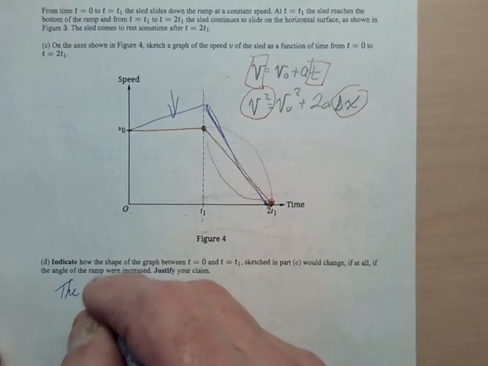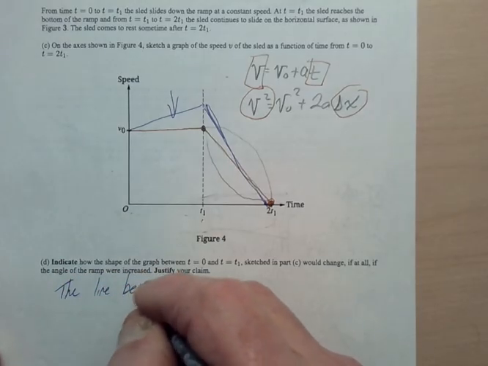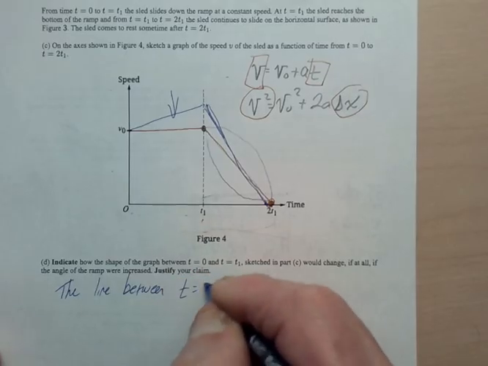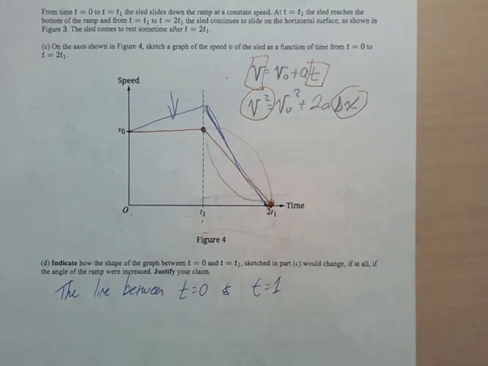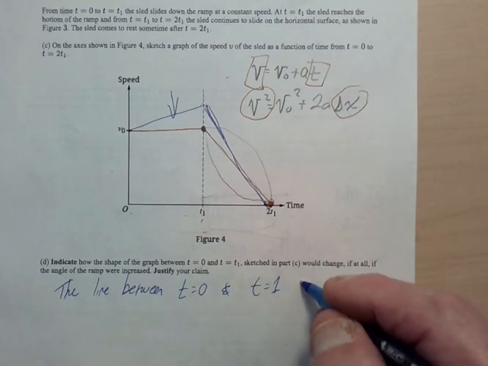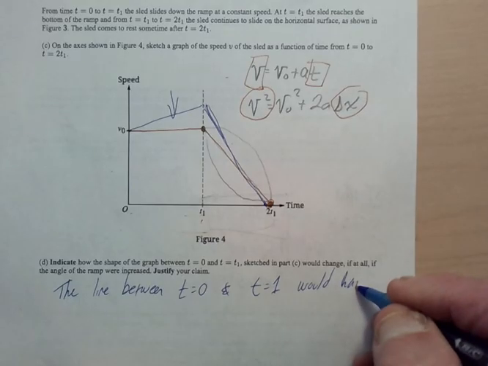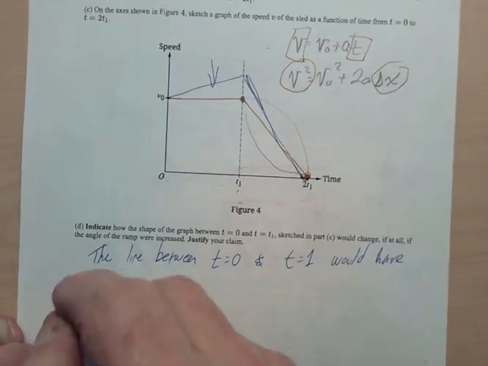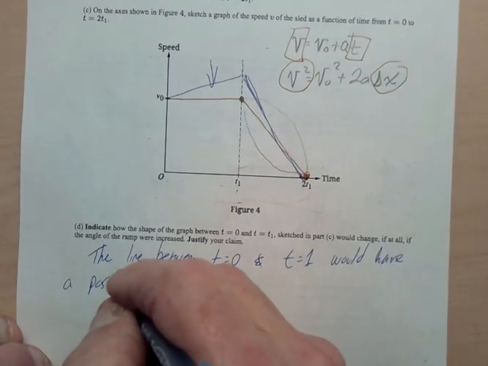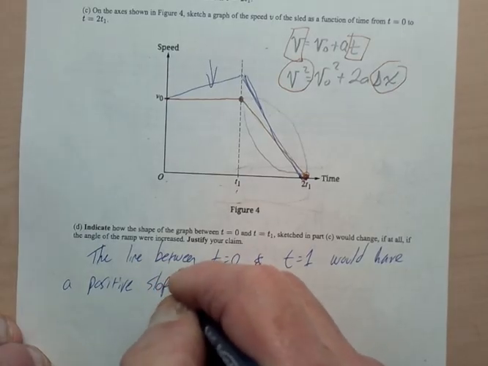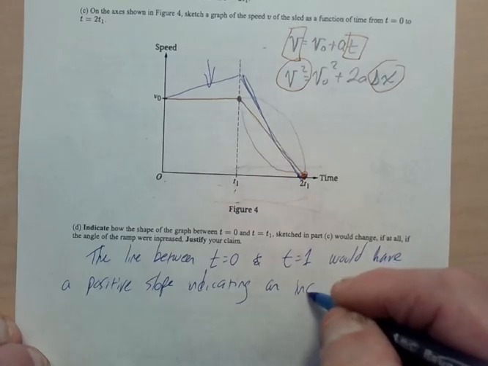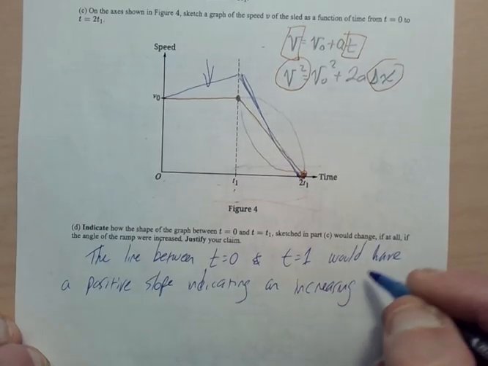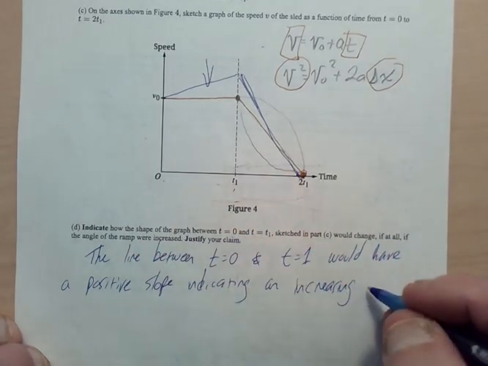The line between t equals 0 and t equals t1 would have a positive slope, indicating an increasing velocity.